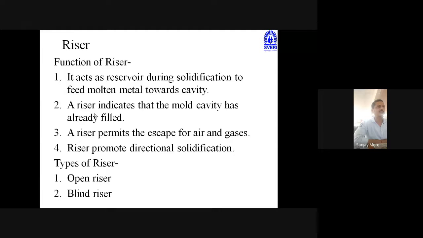Second, the riser indicates that the mold cavity has already filled. Next, the riser permits the escape for air and gases.